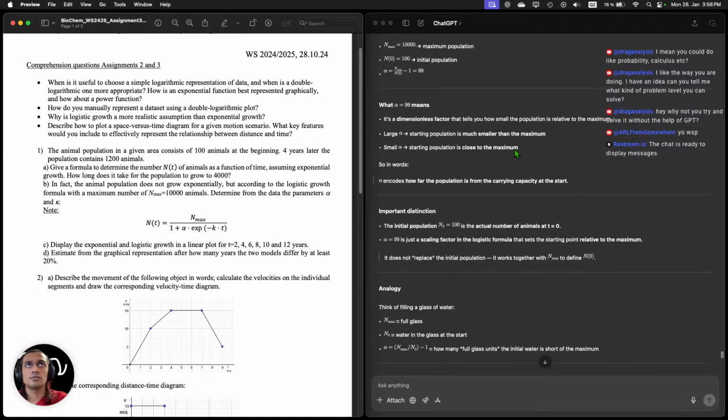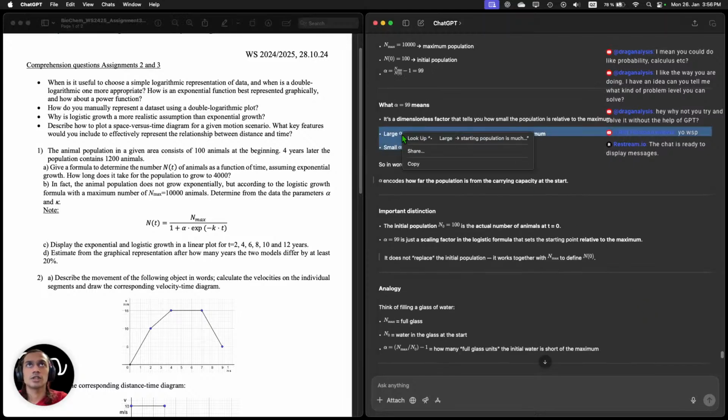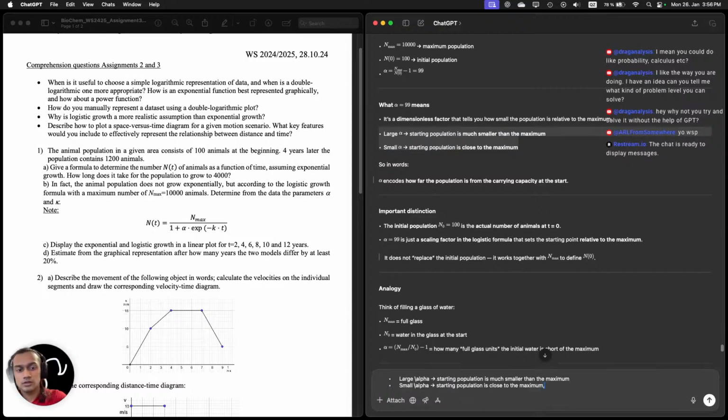Okay, so what do you mean by small and large alpha? Here is the alpha we got, small or large?